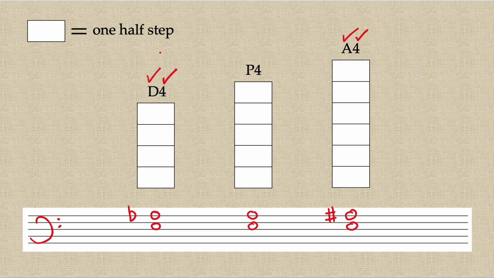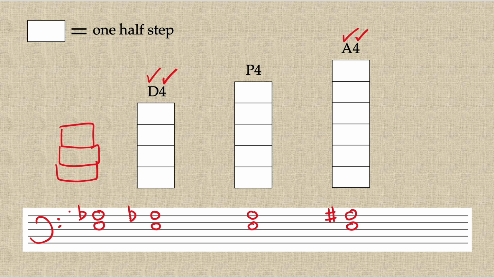So what happens if we get rid of one half step from a diminished fourth? Okay, this is an extra bit of information. Now we know that from E to A flat is a diminished fourth. Now we will take one half step off. Excuse my drawing. All of these boxes should be of equal size.